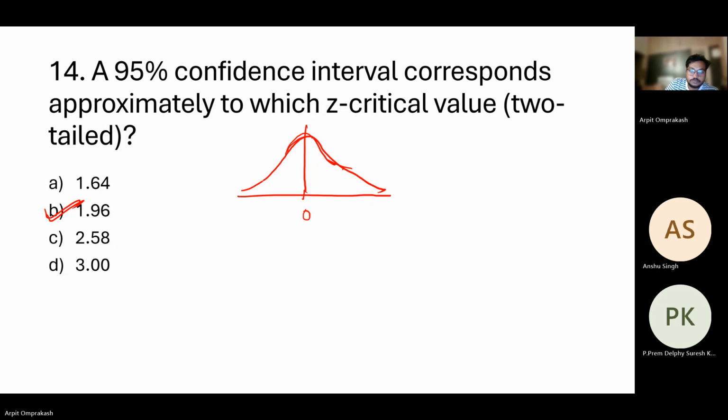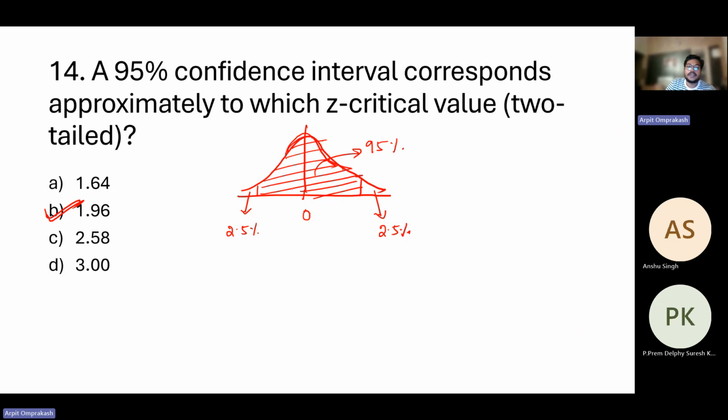What we want is a 95% confidence interval. That means 95% of the data should lie in between, in this area, so 5% of the data is outside. Since this is symmetric and we are looking at a two-tailed value, this area will be 2.5% and this area will be 2.5%.